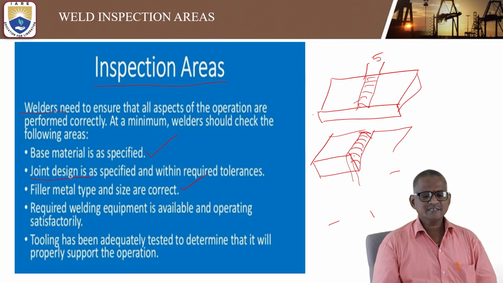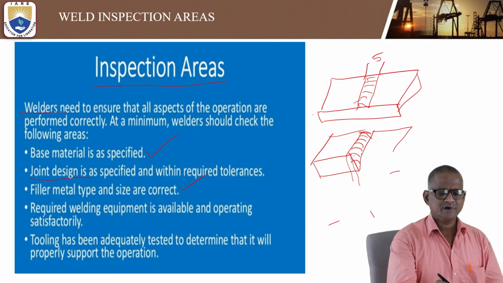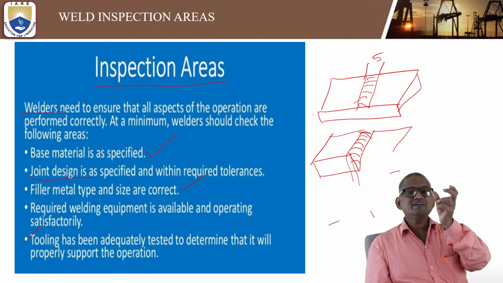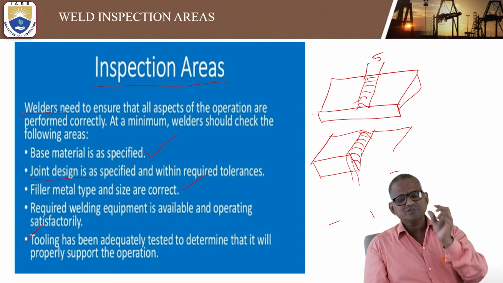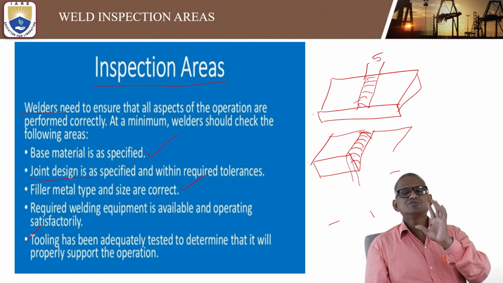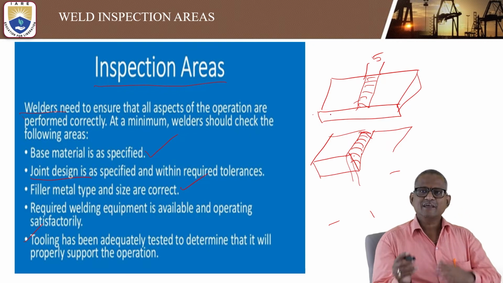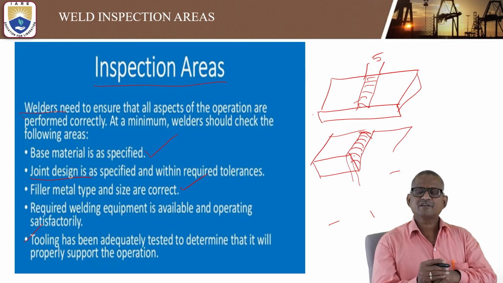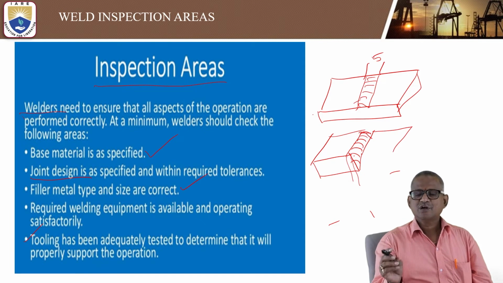Okay, and the next thing is tooling, also one most important parameter. It has to be adequately tested to determine whether it will properly support the operation or not. Tooling in the sense of the setup: whether the two pieces can be fixed effectively or not, whether any distance can be maintained, and whether the workpiece support can be kept on the table or not.